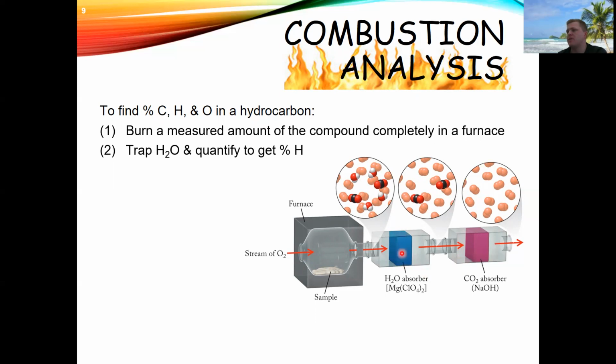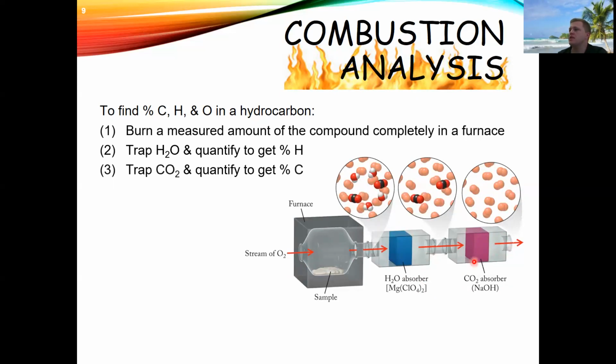We have one trap that absorbs water, one that absorbs CO2, and most everything else flies by. So what we do is we weigh this before we start the experiment. We start the experiment, collect all the water, and then we weigh it again and see how much it changed. And that change in mass will all be due to water being absorbed.